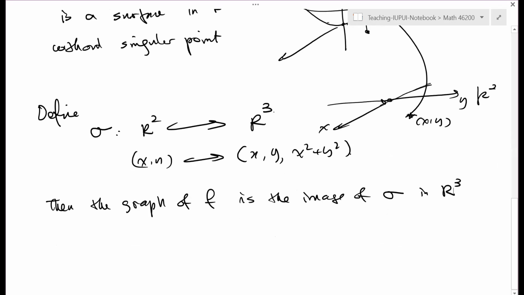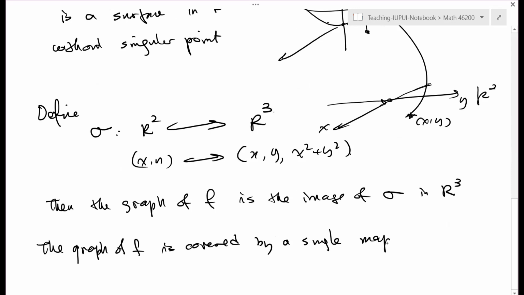Some surfaces probably cannot be covered by one map, but in this case, we can say the graph of f is covered by a single map sigma.